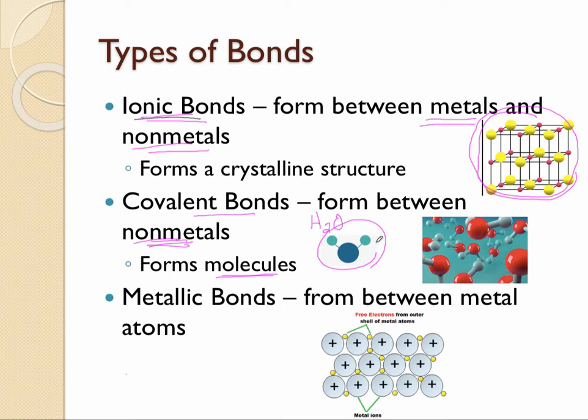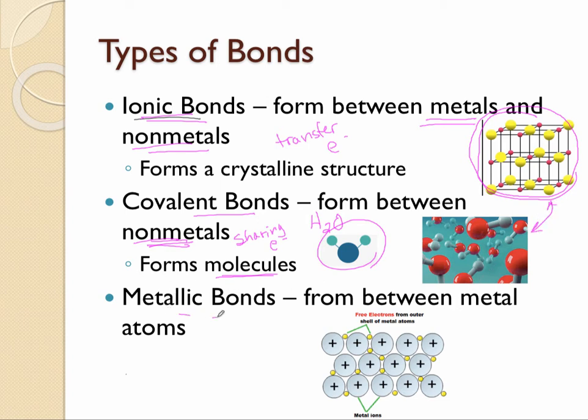A molecule is a standalone unit. This involves sharing of electrons, and ionic bonding is actually a transfer of electrons. I did want to show a bunch of molecules together to reference the differences between these 2 structures.